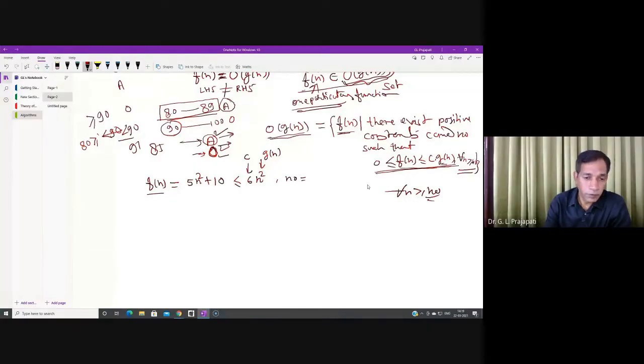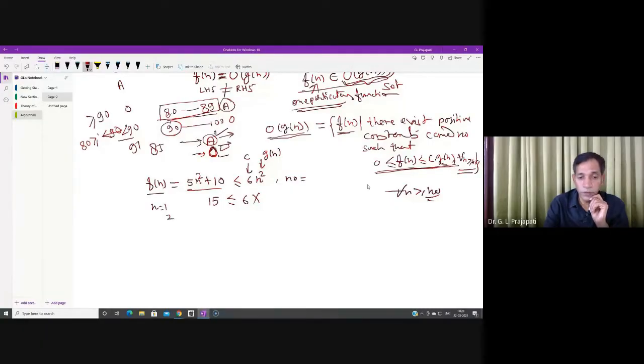If n is equal to 1, then f of n has the value 5 plus 10, which means 15. And I am saying that this is less than or equal to 6 into 1, which is 6, and this relationship is not satisfied if n is equal to 1.